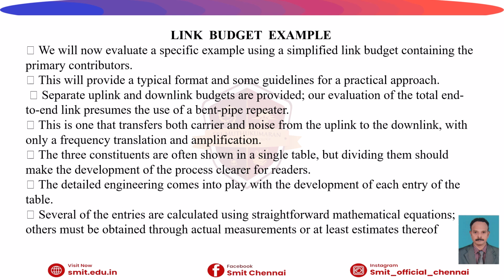All these factors are combined in a single table by means of a link budget example, which clearly gives the strength needed with mathematical equations as well as very accurate measurements and estimations. So a very important thing in satellite communication design is link budget estimation.